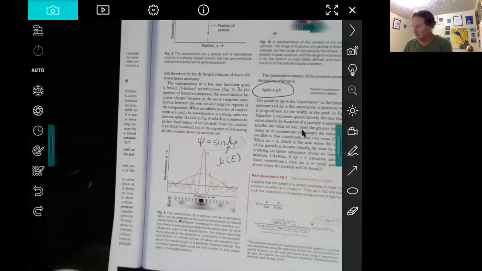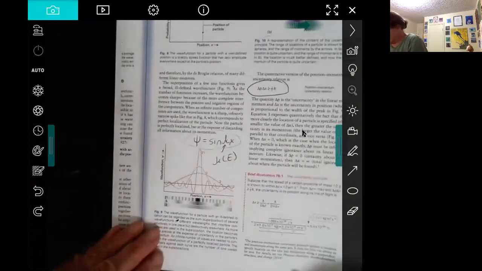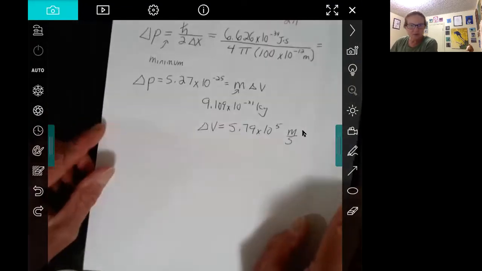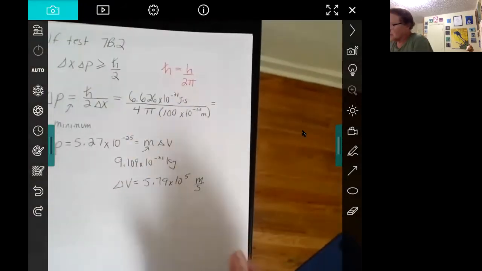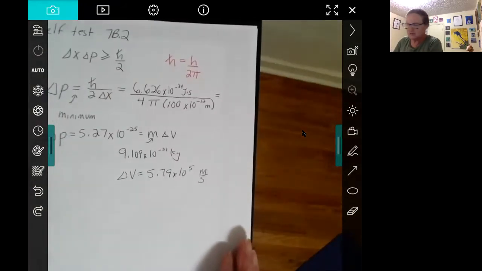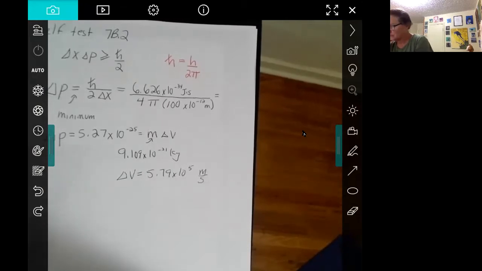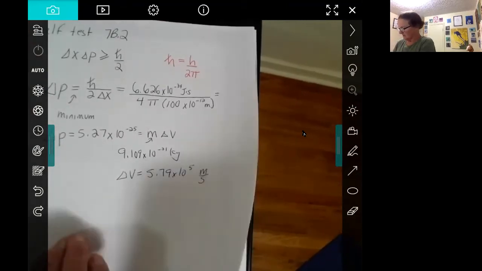So these are problems similar to what you would have done in Chem 107, really. So we'll just look at this problem 7b.2. They want us to calculate the minimum uncertainty in momentum if we know something about the uncertainty in position.